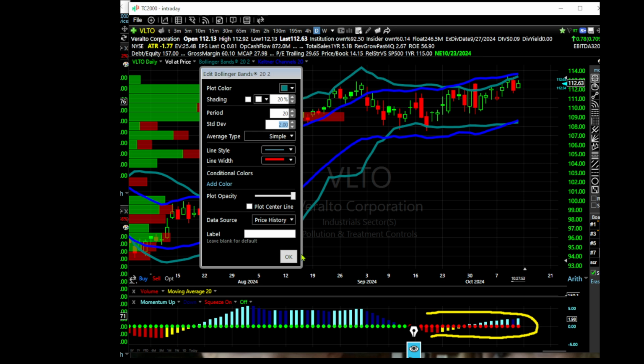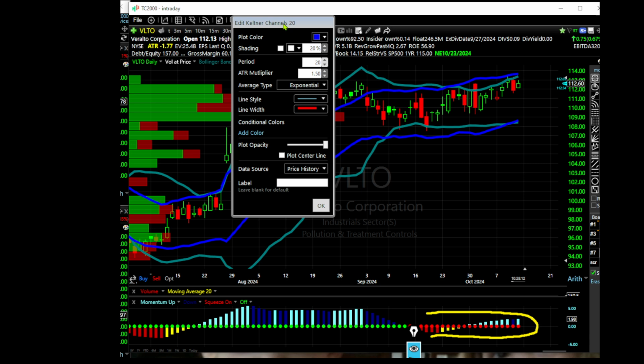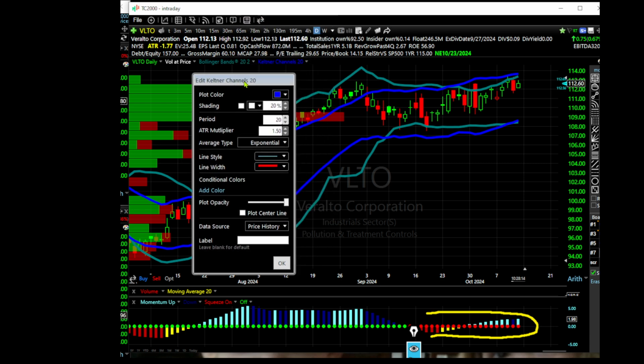And so as your price action moves up and down, for the Bollinger Bands to come in real tight like they are here, you have to have some sideways action. And what you want to see happen is you want the Keltner channels. What does the Keltner channel measure?